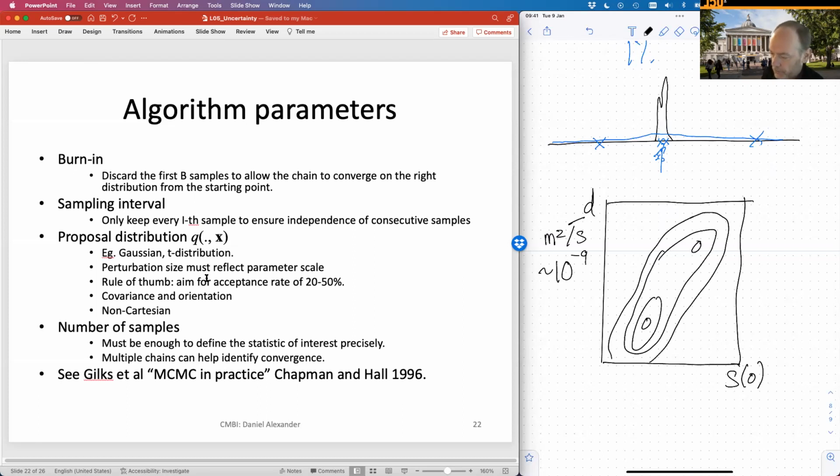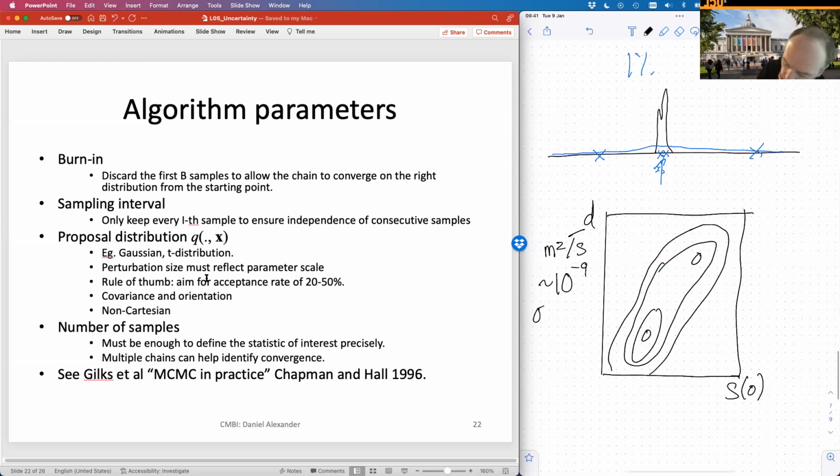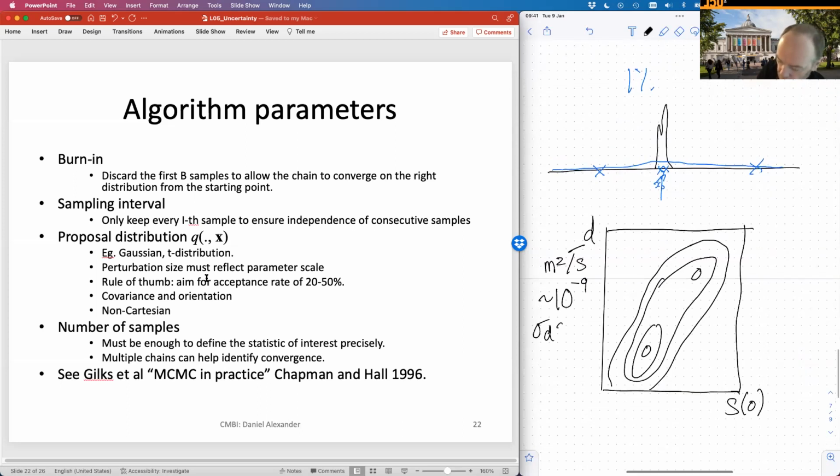So let's suppose that we carefully think about the size of perturbations for our parameter D. Probably we're going to end up with a sensible value of standard deviation of perturbations on D, probably also something like 10 to the minus 9. And that would give us a set of nicely sized steps in D that maybe give us this 20 to 50% acceptance rate.